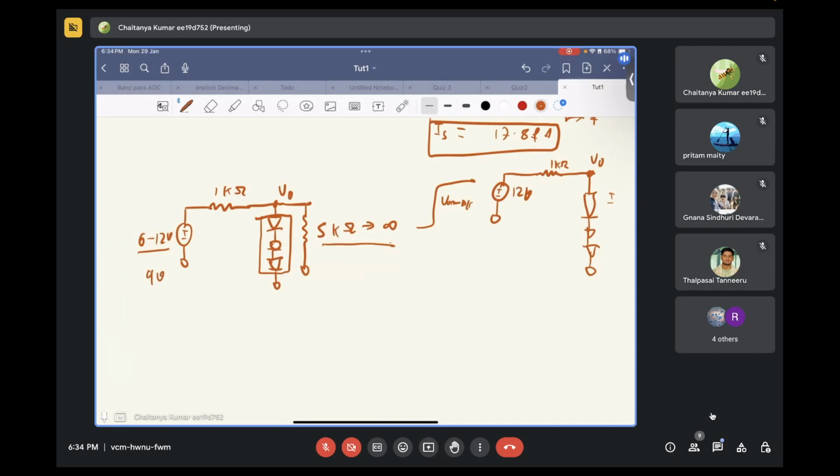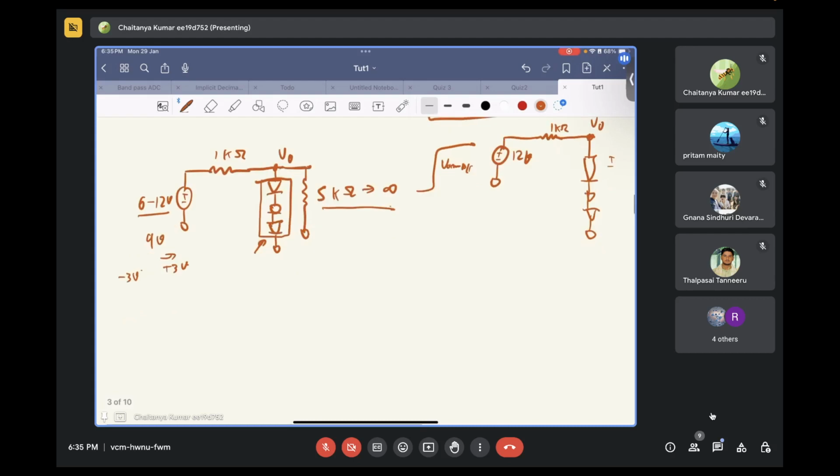When the input voltage is 9 volts, we'll calculate the incremental resistance of this diode circuit. On top of that, when there is a plus 3 volt deviation from the input voltage, that is from 9 volts to 12 volts, or a minus 3 volt deviation, that is from 9 volts to 6 volts, we can find out the change in the output voltage based on the incremental resistance we have. Then our circuit will become linear.